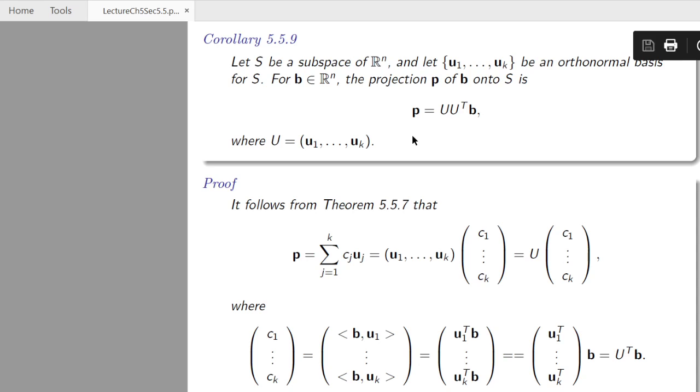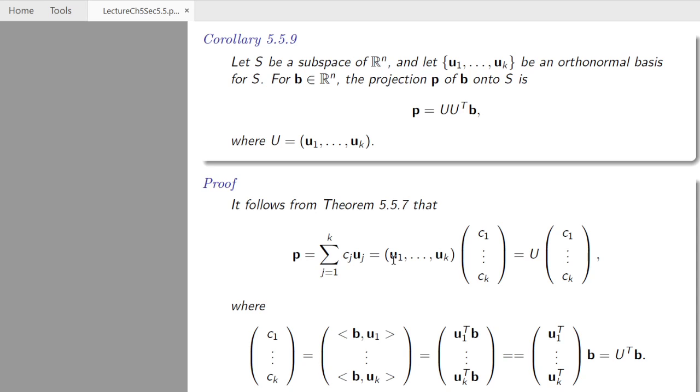Here's the proof. First of all, from Theorem 5.5.7, we can say p here is a linear combination of the basis for the subspace S. And this linear combination we can write down in this kind of form.